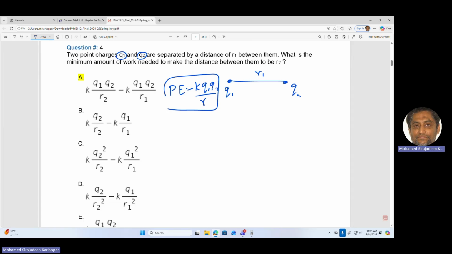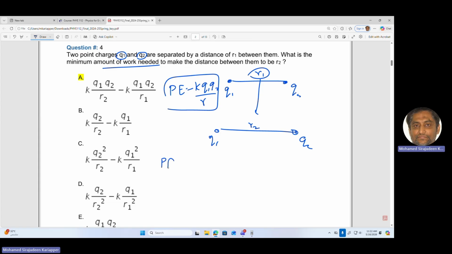So we have two charges separated by this distance between them. What is the minimum amount of work needed to change the distance between them? For the same two charges, I'm going to change the distance, move it closer or apart. I don't know what it is in general, so R1, I make it R2. Maybe it is smaller or bigger. So this one energy initially, this is the equation.